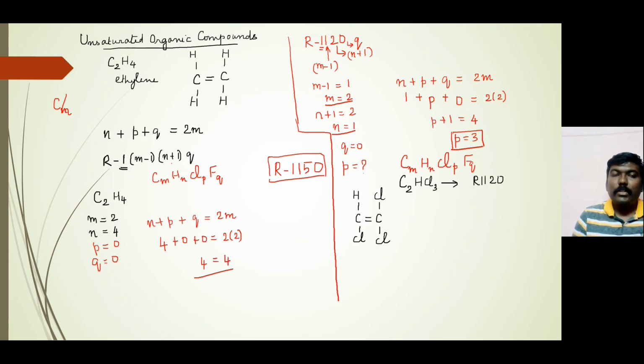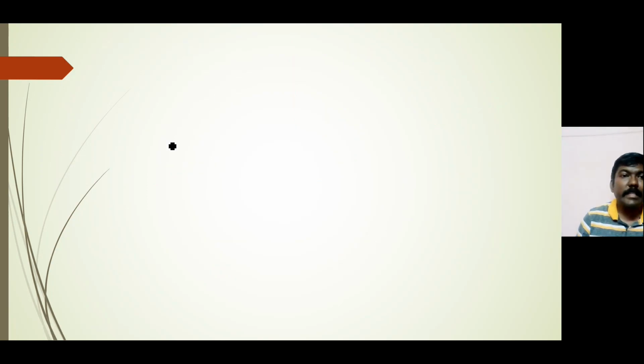Is that clear? So for a saturated organic compound, we have a particular way to designate the refrigerant. For an unsaturated organic compound, we have another way to designate the refrigerant. And finally, there is another case which is called the inorganic compounds. What are inorganic compounds? Some examples we can see. Ammonia.